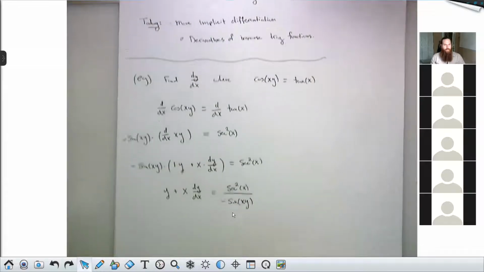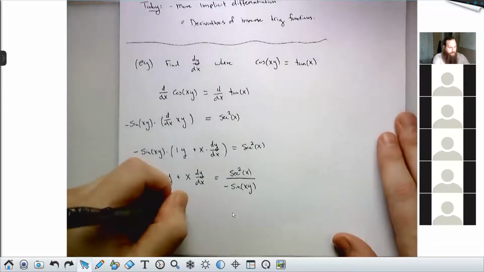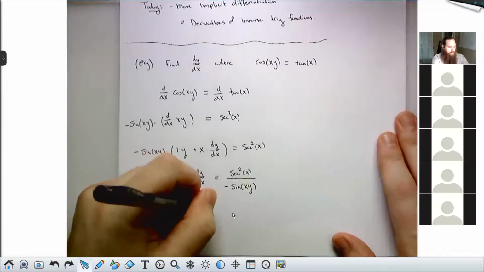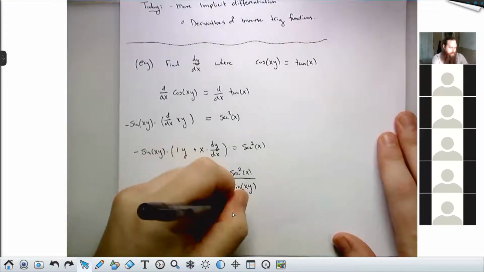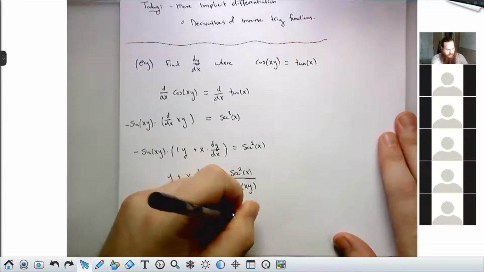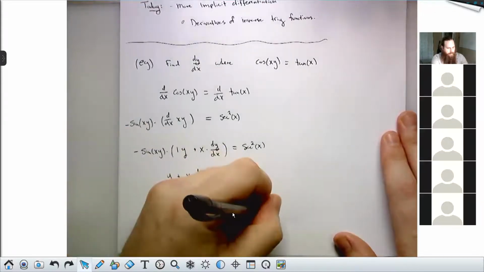So what would I do next? Subtract y. Good. That would give me x times dy dx equals, I'll write the negative out front here, negative secant squared x over sine xy minus y.